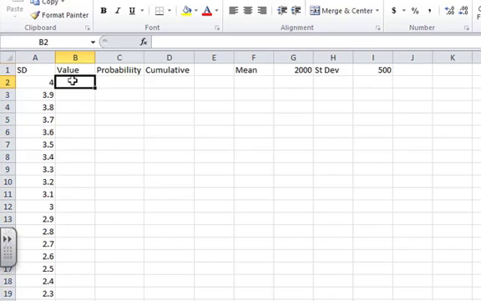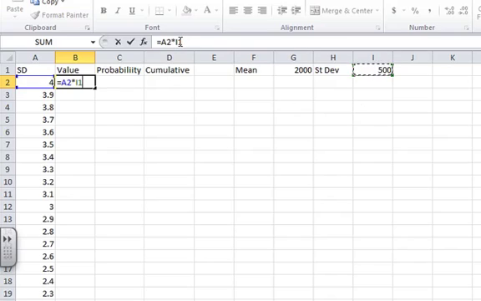And so now our value. So what we're going to do is 4 standard deviations above the mean. Well, if the mean is 2000, 4 standard deviations above the mean will be 4 times 500 plus the 2000, so it's 4000. So I'm going to create a formula here. So this will be equals A2, then times the standard deviation.